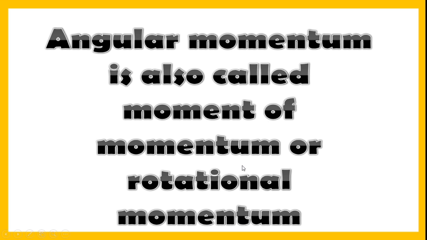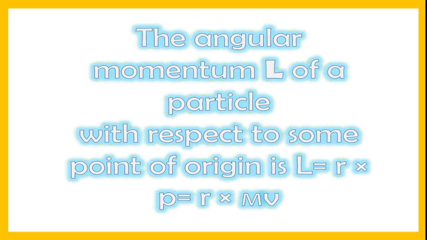The angular momentum L of a particle with respect to some point of origin is L equal to R cross P, where P is equal to m v, as we all know. So L is equal to R cross P, or else it can be written as R cross m V.